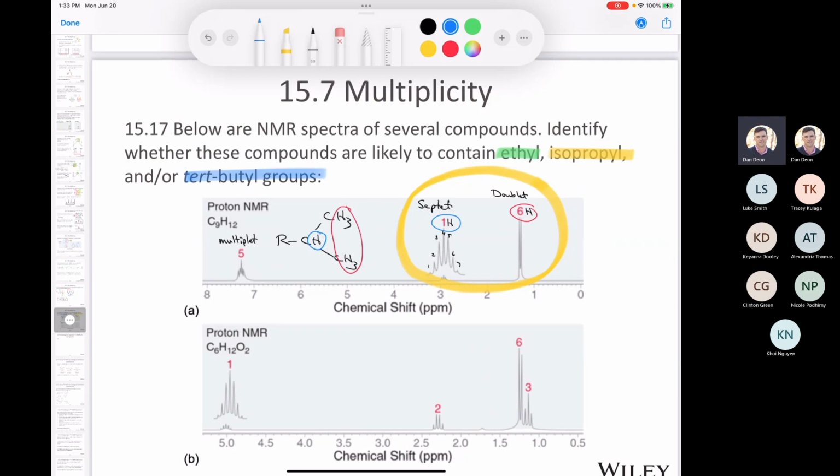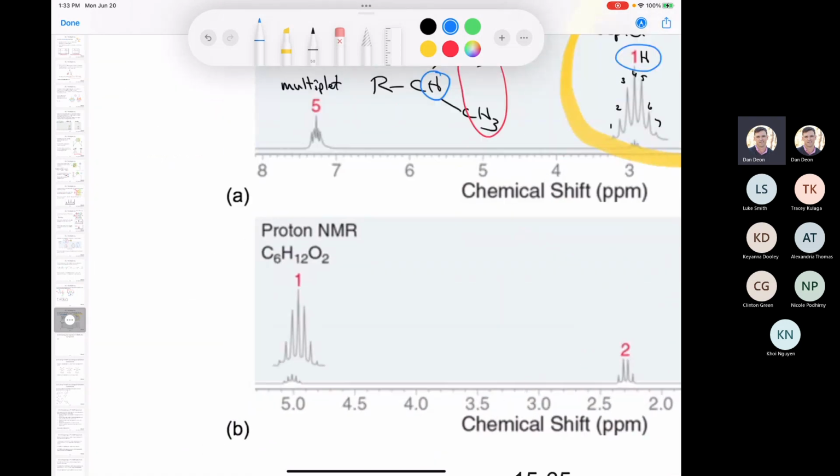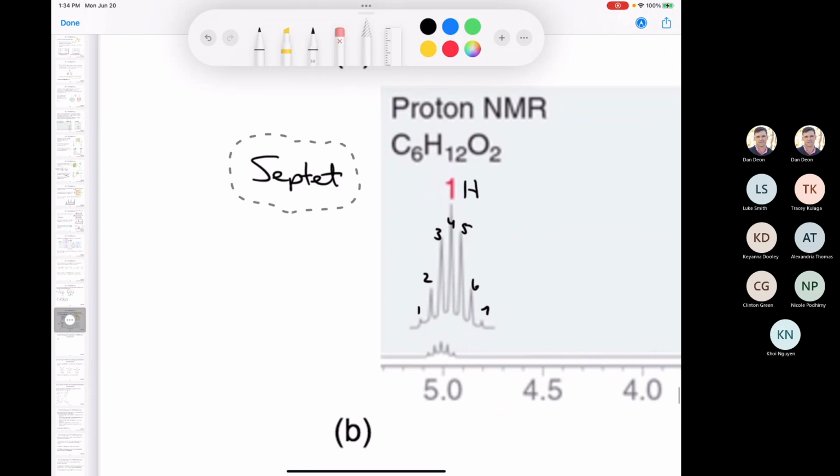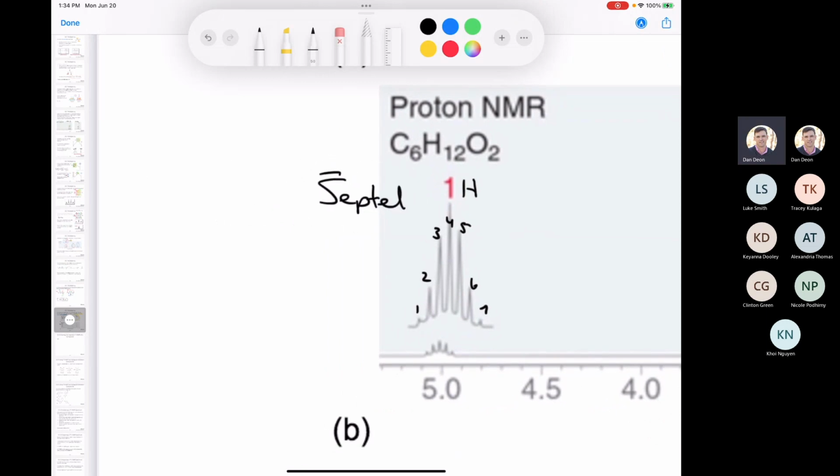Okay, what about B, let's investigate here. The signal with the highest chemical shift: 1, 2, 3, 4, 5, 6, 7. So we have a septet that integrates for 1 proton.